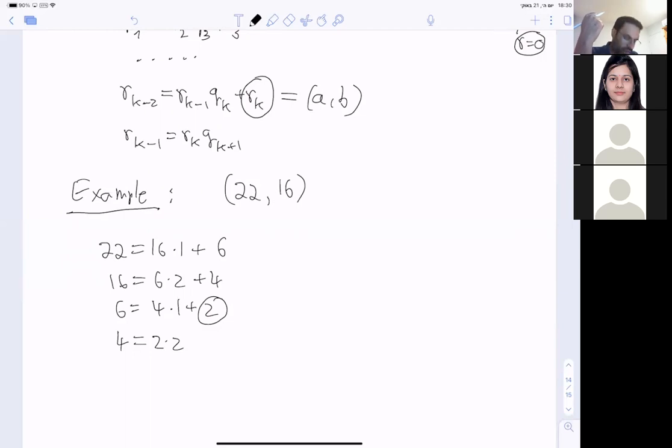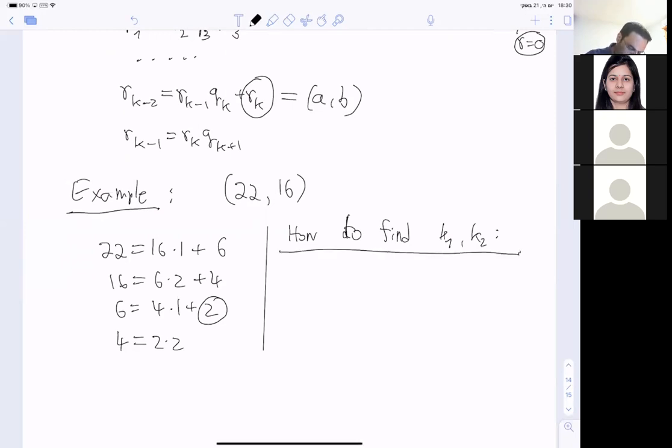So I'm going to show you how we construct them. How do we construct K1 and K2? So we are going back from here. We say that 2 is actually 6 minus 4. And then we are going up. We have 6 and 4.